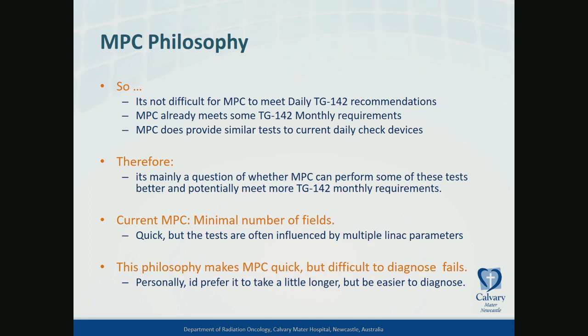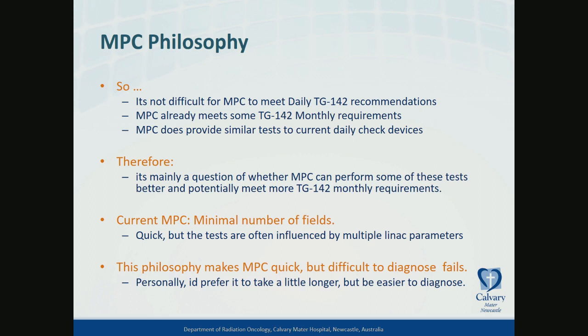Now the current philosophy in MPC, which underpins it, is that they want it to be as quick as possible, to be least onerous on the clinic as much as possible. So this means they've got a minimal number of fields that they can get away with. And what this does is it succeeds in making the process fast to perform, as Cheng-Yu indicated in one of his slides, but it means that some of these tests are influenced by multiple confounding Linac parameters.